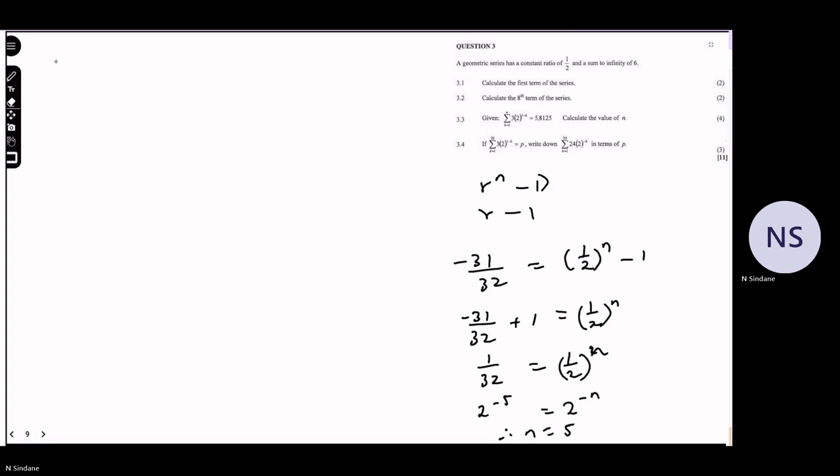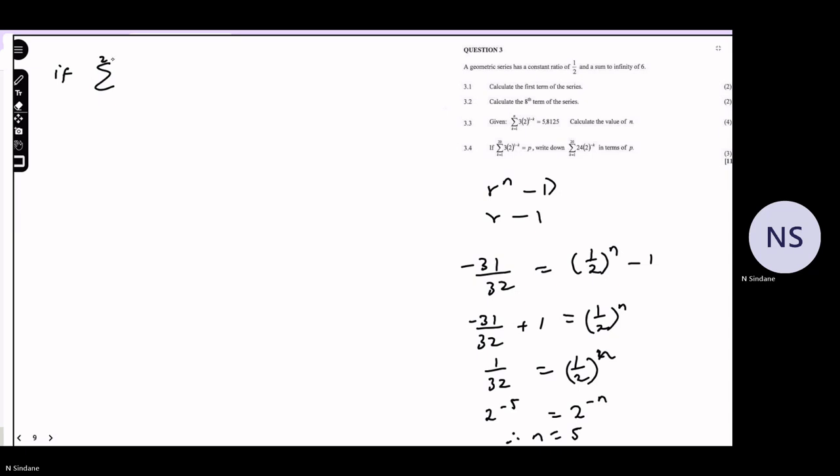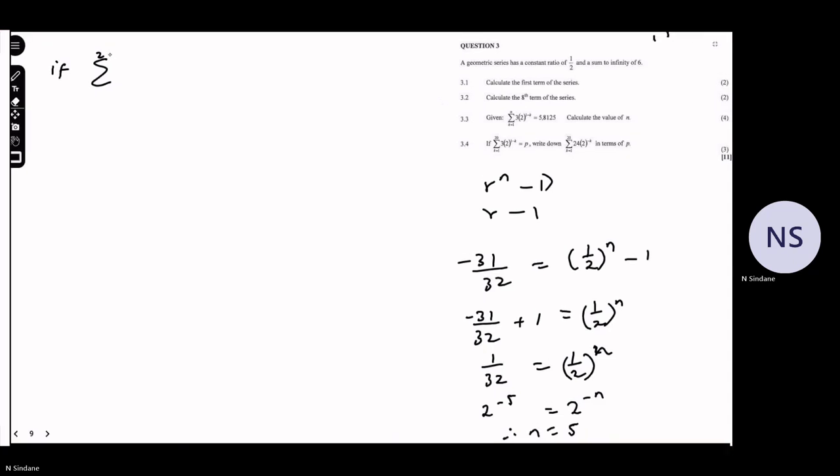You are given, they're saying, if the sum of n terms, ends at 20 and starts at k equals 1, of 3 into 2 to the power 1 minus k, is equal to p.